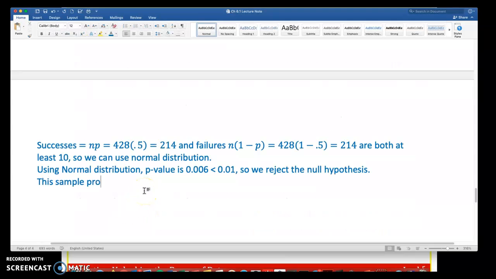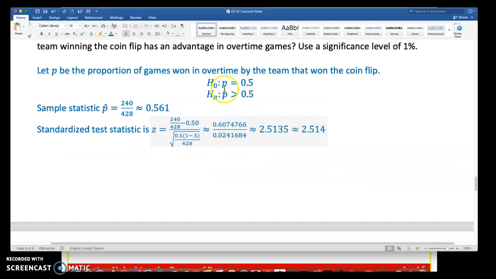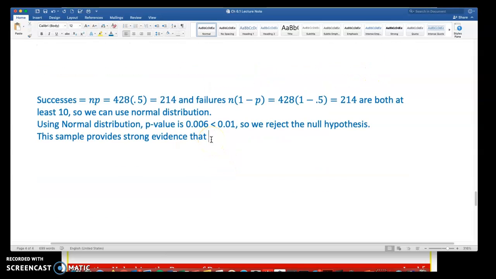The sample provides strong evidence that the alternative is correct. Going back to the beginning, that means the proportion of games won over time by a team that won the coin flip is greater than 50%. That the team that wins the coin flip in overtime in the NFL does have an advantage.